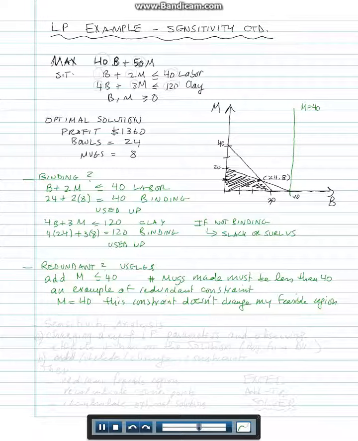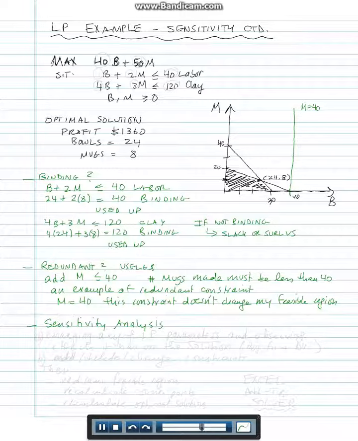Now, what is sensitivity analysis? Like I said in the earlier example, you may do it in Excel because it's much easier to do in Excel, but it's harder to do it manually by hand. You just need to understand what it is.